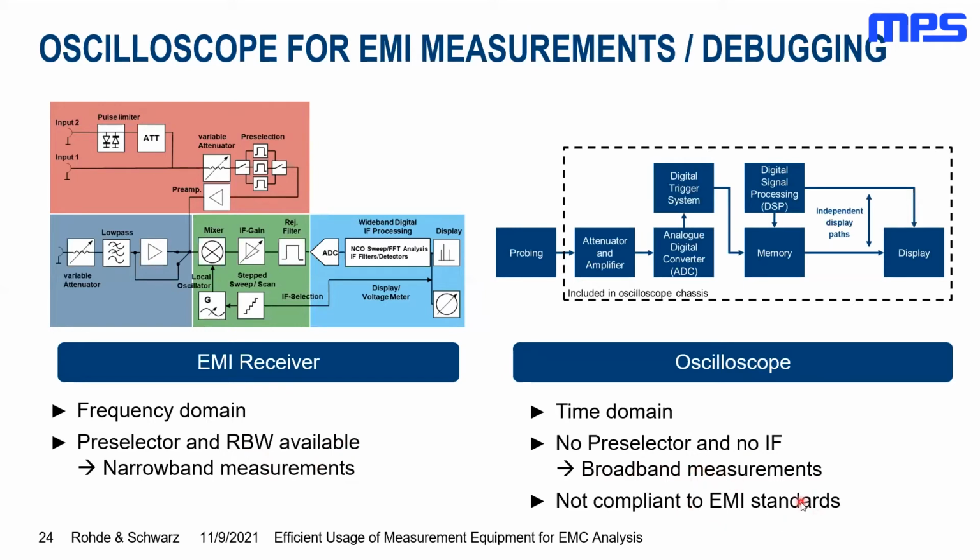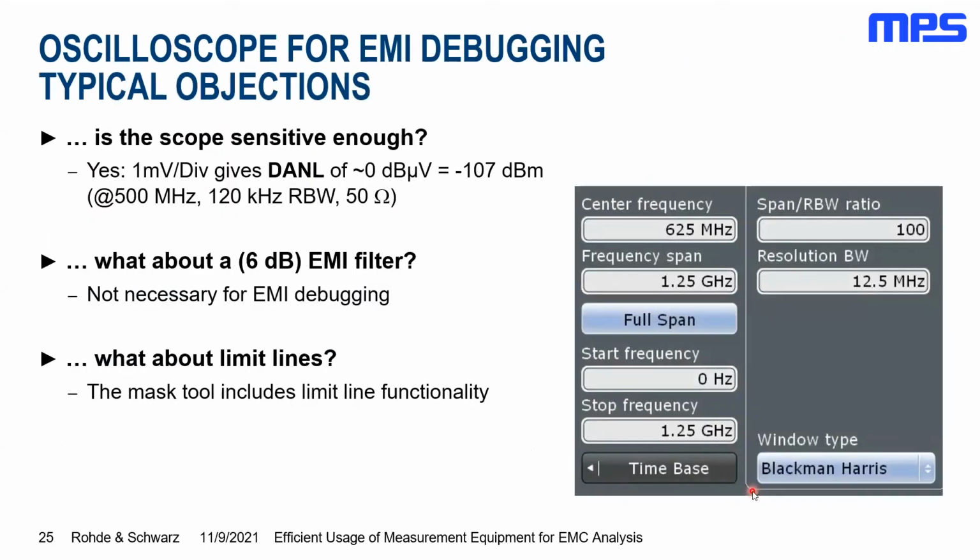And of course, the filters, we'll see that in a minute. We could adjust an RBW filter, and there we are not compliant to the EMI standards. From the use model, like you've seen in Artur's presentation, we could define a start-stop frequency. We could also define a resolution bandwidth. These are, of course, 3 dB filters, not 6 dB filters.